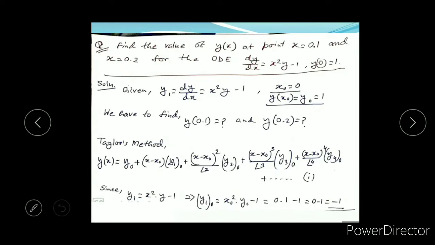Okay, now after getting this, since y1 equals dy/dx equals x squared y minus 1, this one. So y1(0), that is y1 at x equals x0, means y1 at x0. So y1(0) equals x0 whole squared into y0 minus 1 according to the formula, that is y1 equals x squared y minus 1.